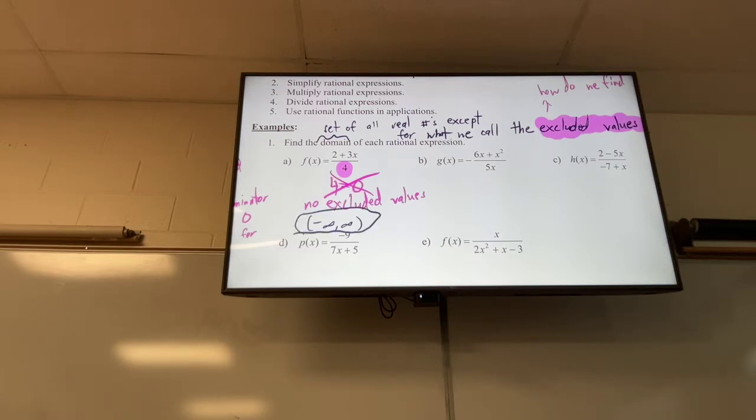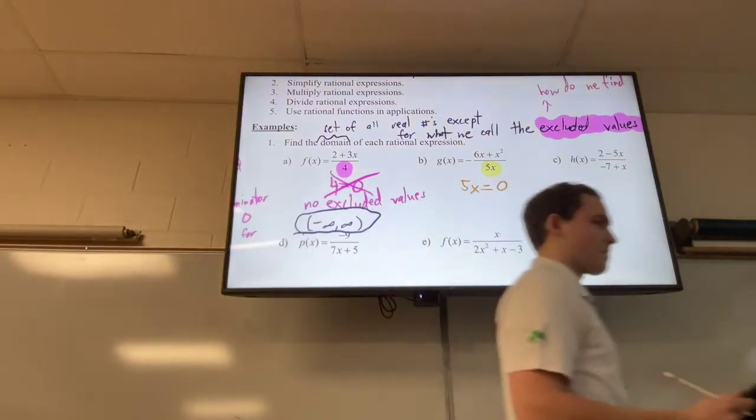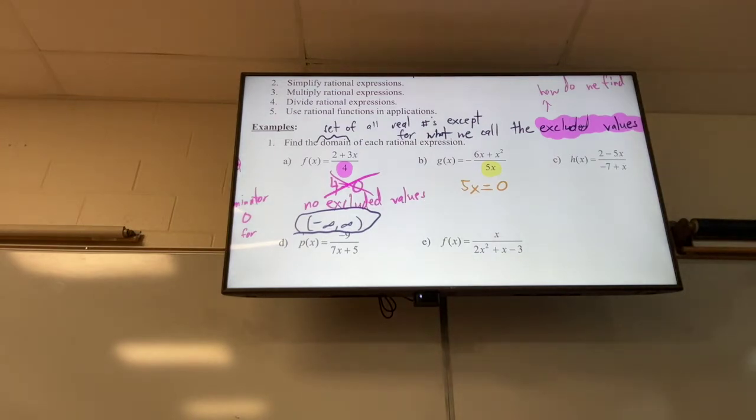All right, cool. Let's find the domain of this second one. I'm going to highlight that denominator in yellow. I'm going to write the denominator equals 0 and solve for x. What do I get when I solve for x here? 0. X equals 0, so that's my excluded value.